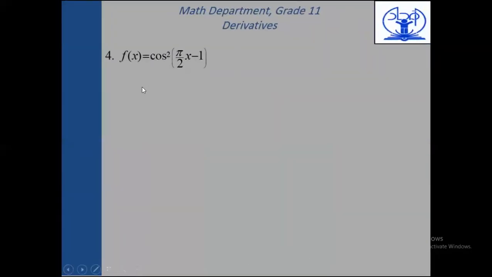Let's consider this function now. Cosine squared of pi over 2 x minus 1. Again, what is the appropriate form? This is actually in the form cosine of pi over 2 x minus 1, all squared, which means it's u to the n, where u itself is in the form of cosine u.